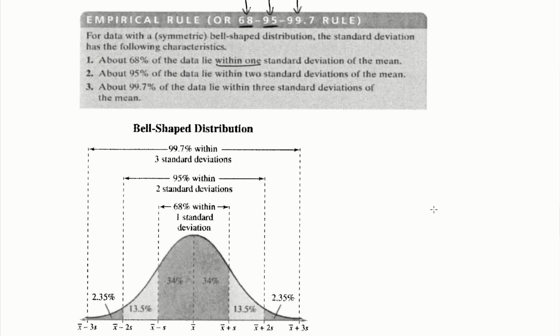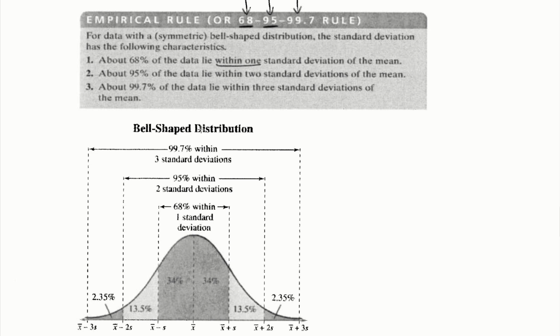The last thing that we're going to look at together in this section is what's called the empirical rule. This is for symmetric or bell-shaped distributions. It's also sometimes memorized as the 68, 95, 99.7% rule.